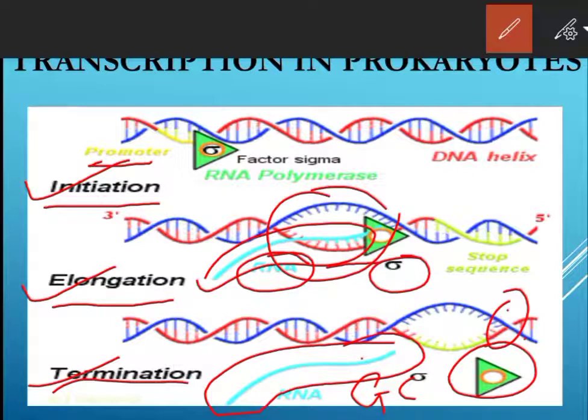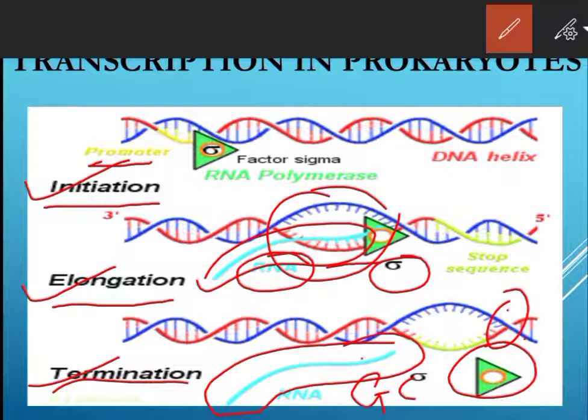You can see the RNA polymerase gets separated, even the RNA strand which is being synthesized is also separated. So first the RNA strand which is synthesized will get separated and there will be separation of the RNA polymerase, resulting in the termination of transcription.